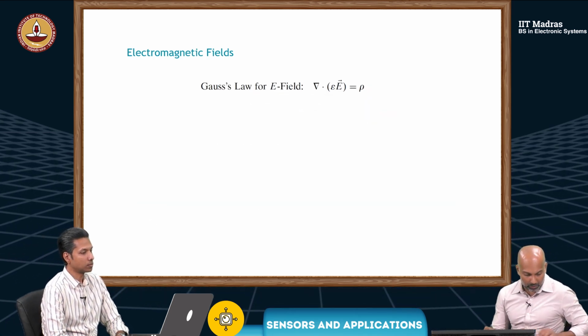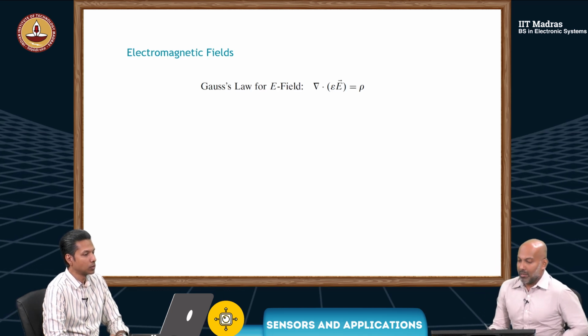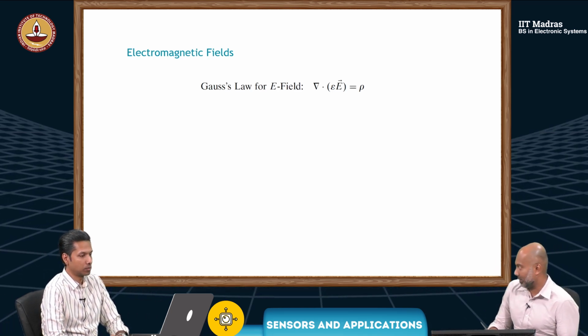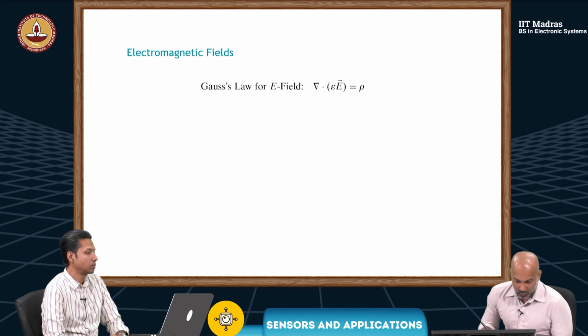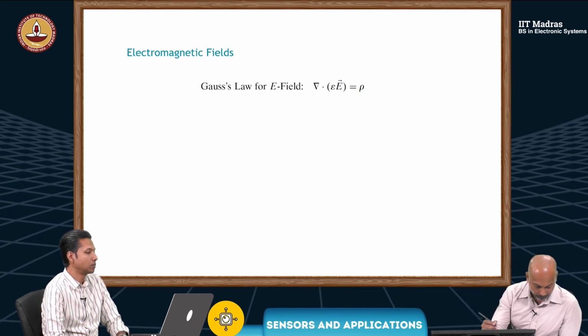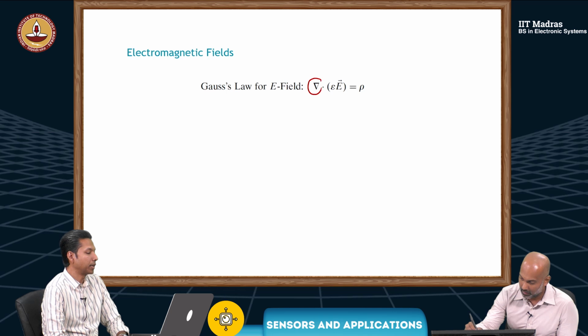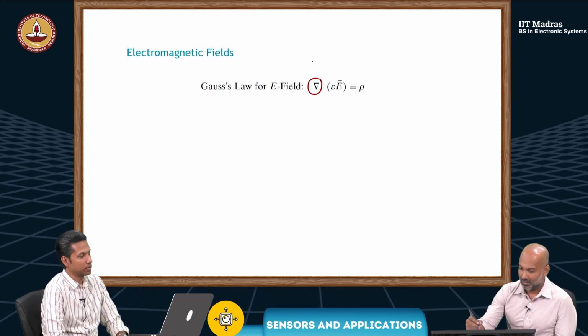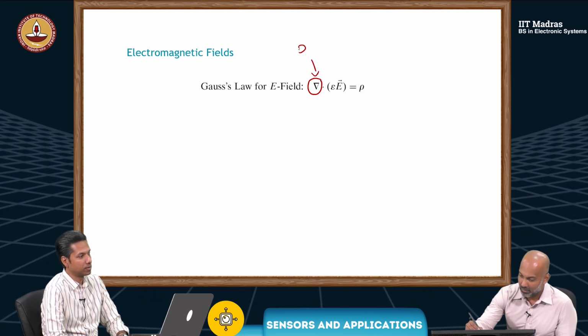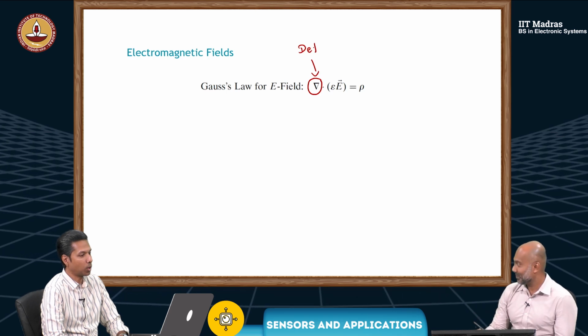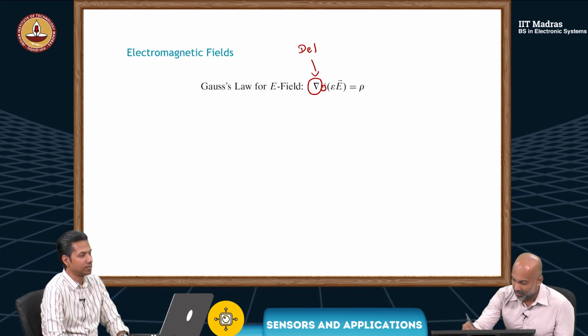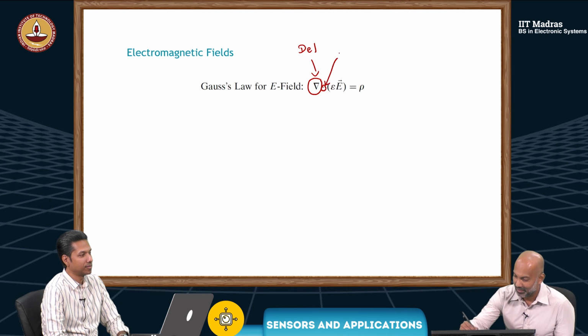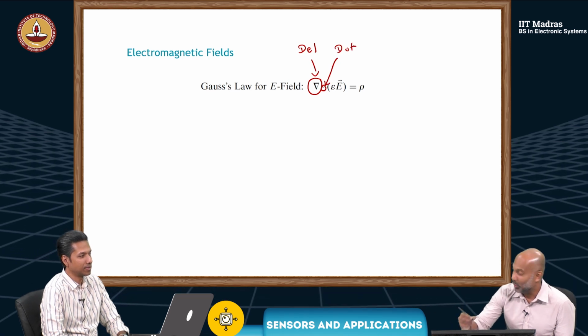Right. Let's look at Gauss's law for electric fields. So what do we have here? We have something called del. We have another thing here, dot.